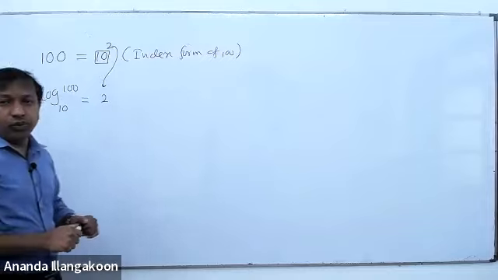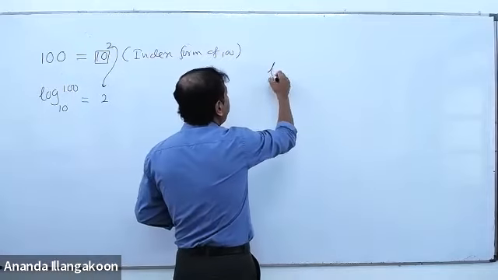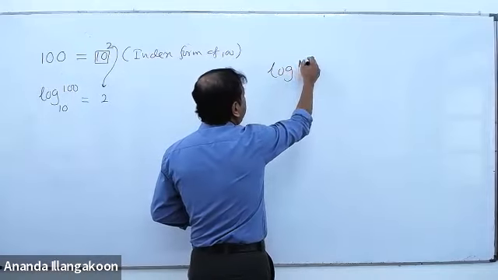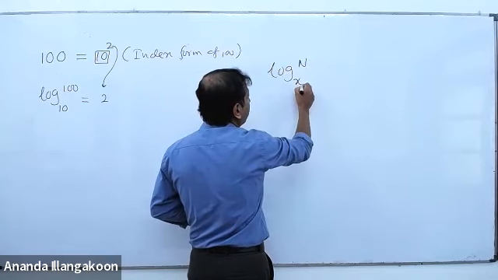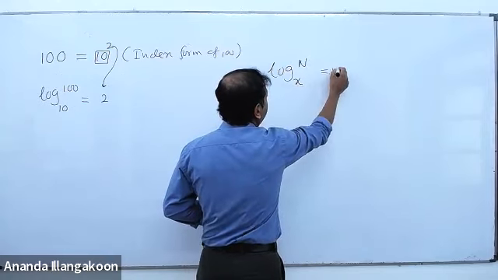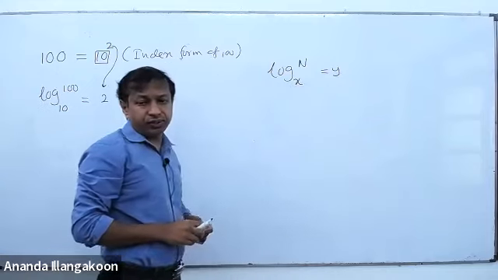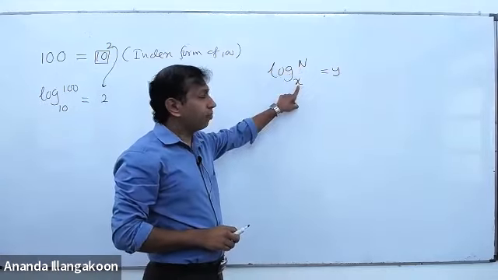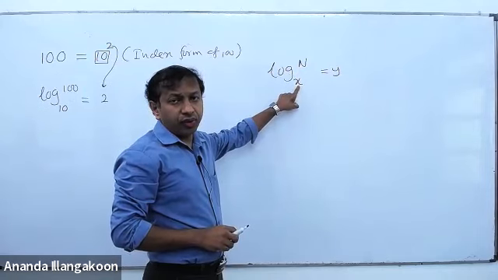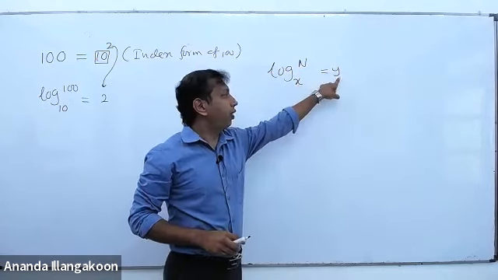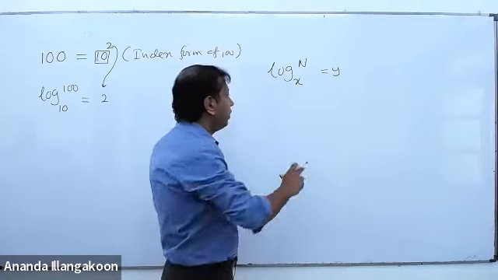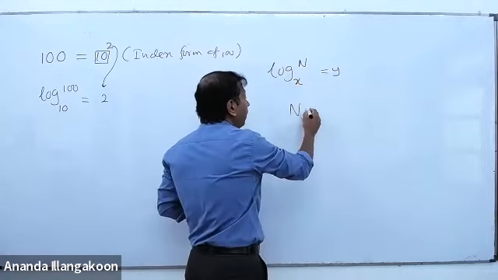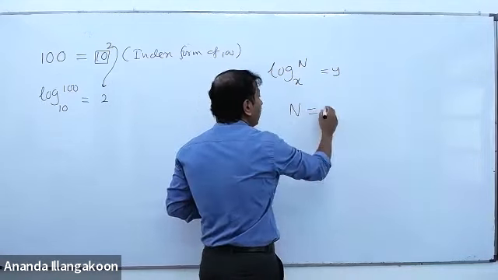So, logarithm of n to the base x equals y. How do you understand this? When we write this n as a power of x, the required power of x is this y. In other words, this n we can write as x to the power y.